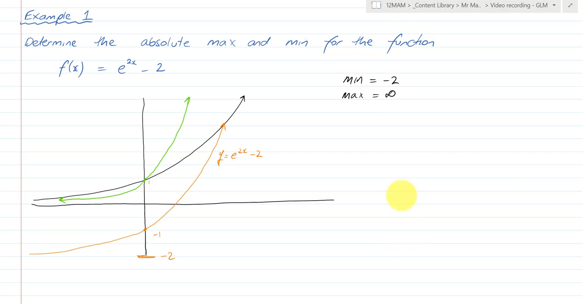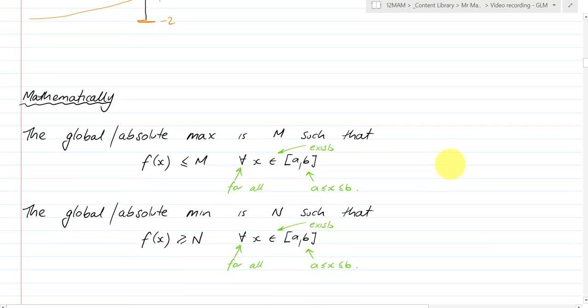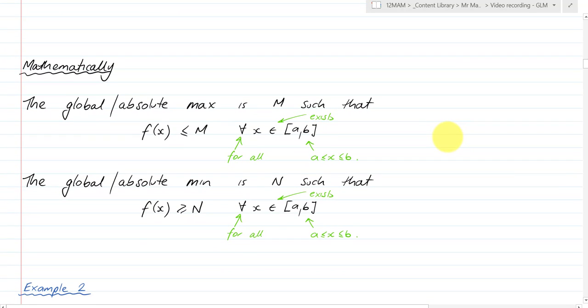So that's example 1. Let's have a look at the mathematical definitions very quickly. The global or absolute maximum is m such that the function f of x is less than or equal to m for all x within a restricted domain, which might be just all x. The global absolute minimum is n such that the function f of x is greater than or equal to n for all x within that restricted domain.